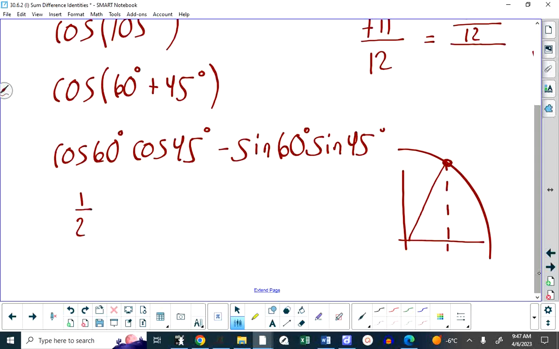Don't forget, it's going to get a little crowded here, but that's okay. You don't have to write this down. We're talking x-coordinates here on the unit circle because it's cosine. And when you go to 45 degrees, that's root 2 over 2 for an x-coordinate.